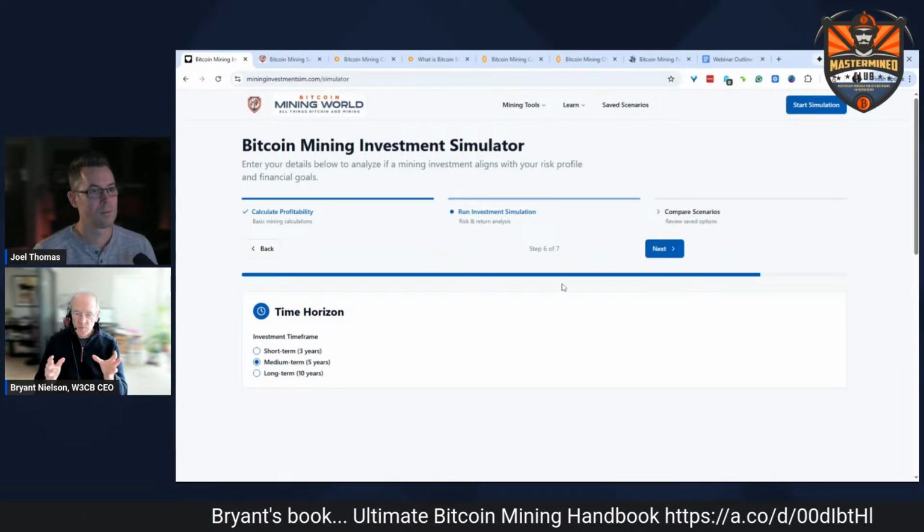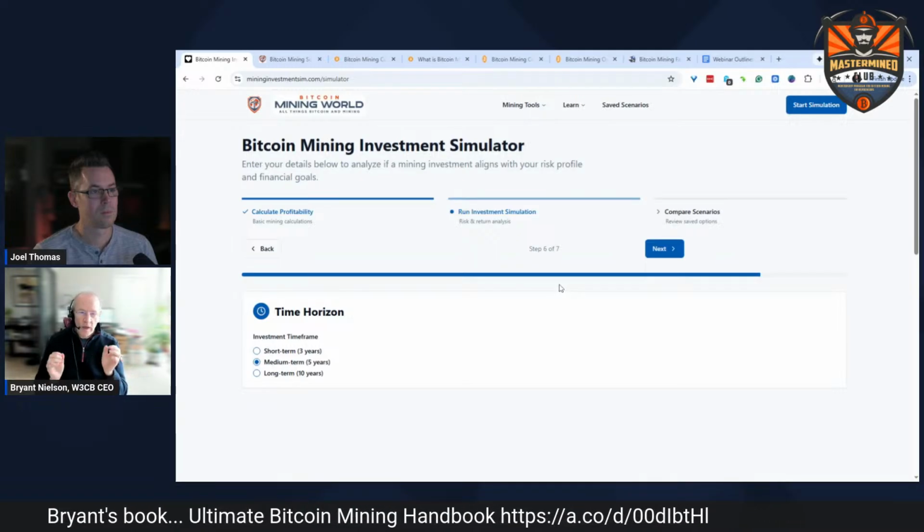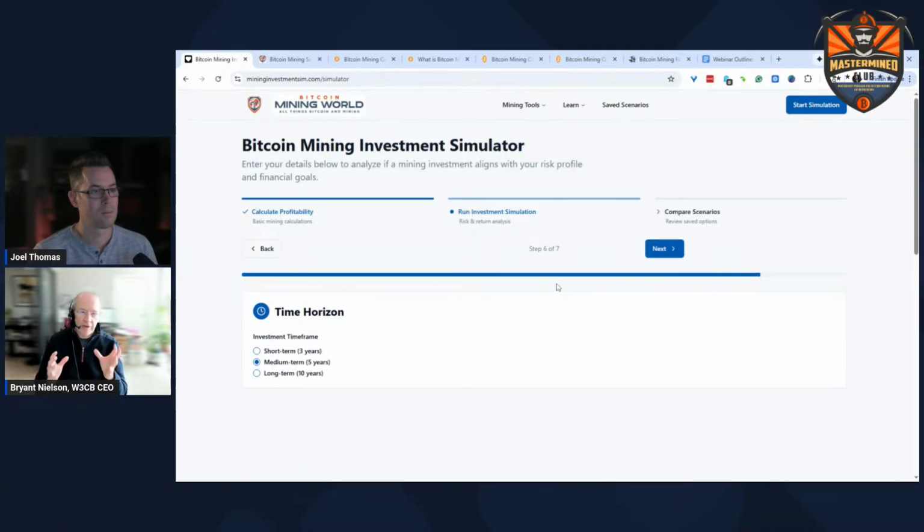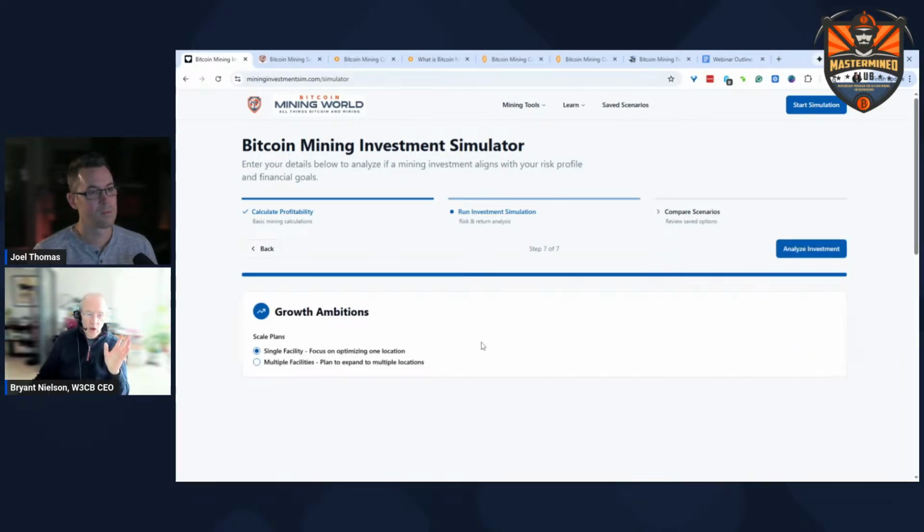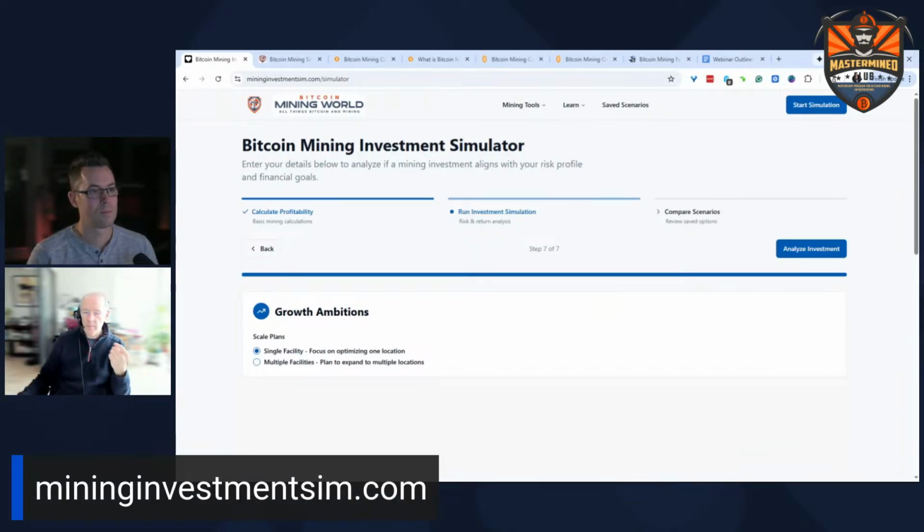And these adjustments only make sense if the market can generate enough revenue to support the existing Bitcoin mining infrastructure. So if I'm going to be looking at this from a 5-year time horizon, I need to be able to figure out what is possibly going to happen to me. And of course, am I looking at this from a single facility that I might just expand, or from multiple facilities?